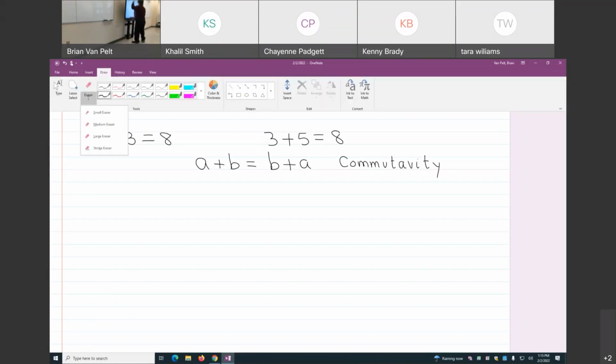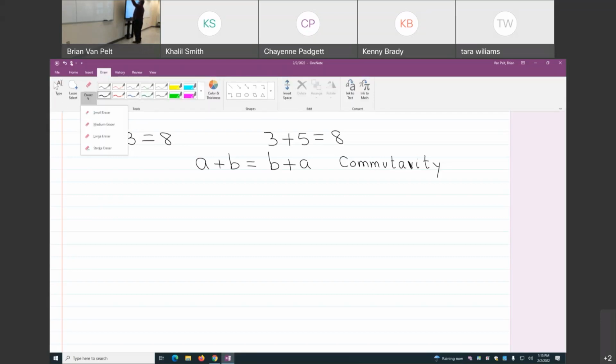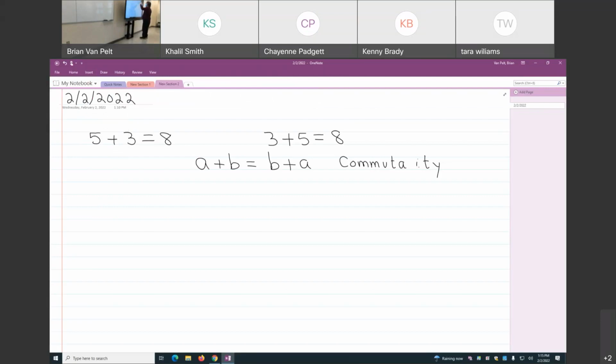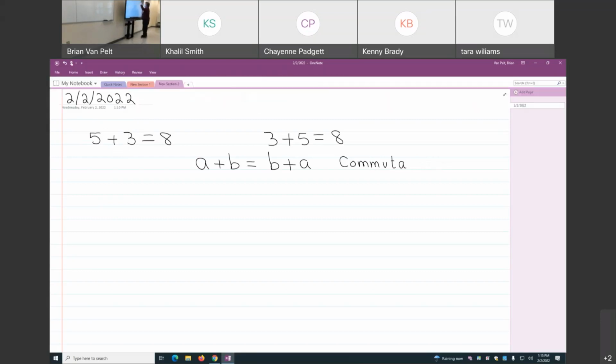Let me fix it. And the same thing works for multiplication as well, right? You're allowed to order any way you want when you multiply two numbers. If I switch them, you get the same answer, don't you? So these are all forms of commutativity.